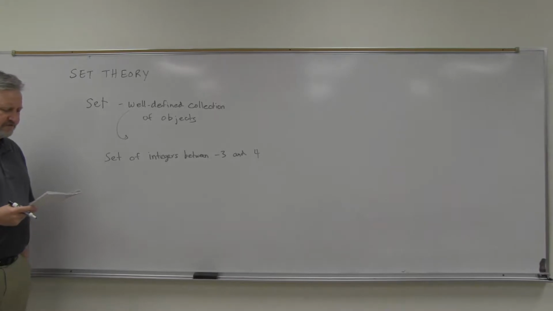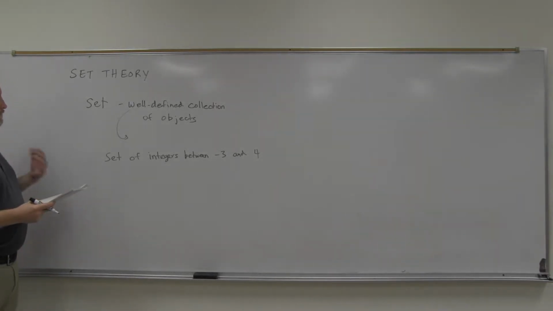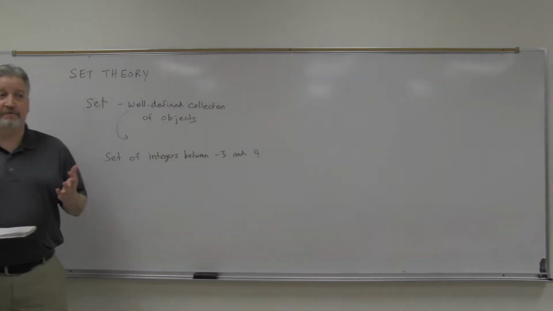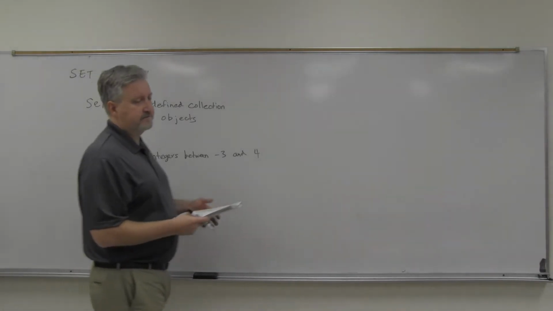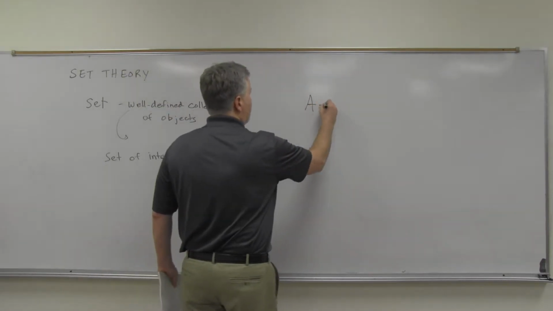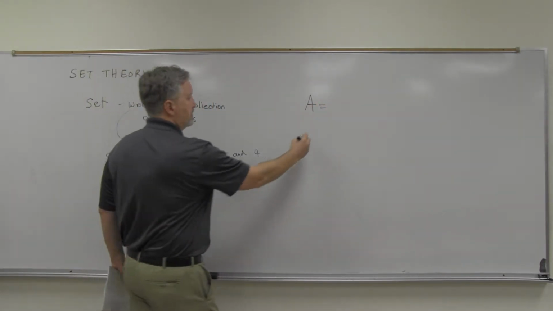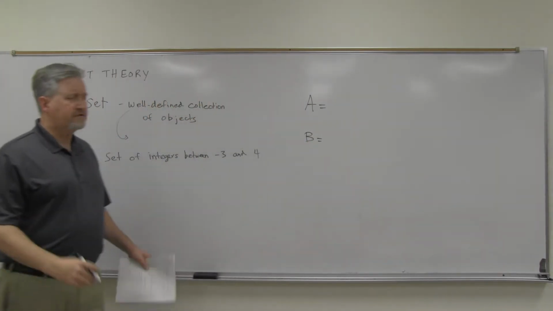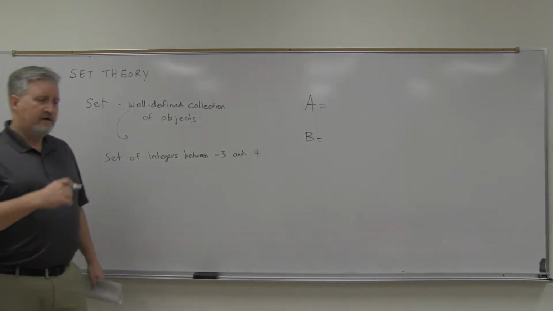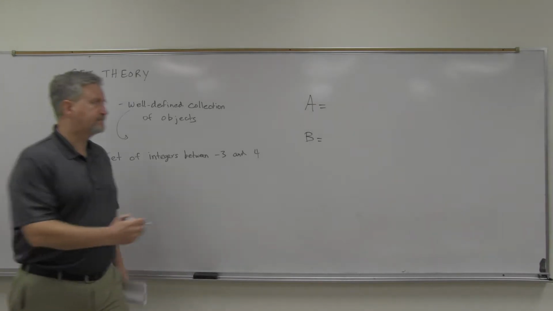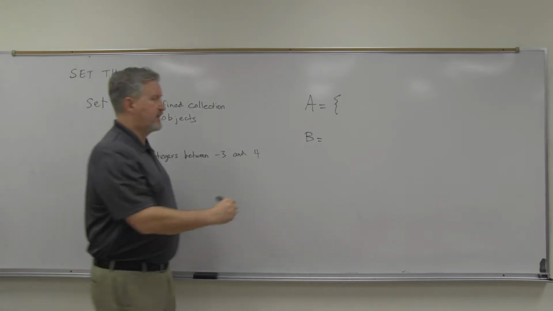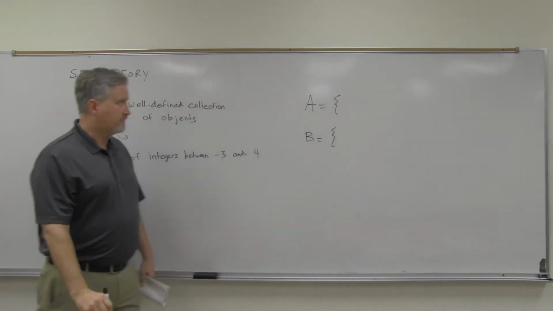Now, as far as notation goes, what we use for sets name-wise is we give them uppercase letter names. So set A, set B, those are good names for sets. Then if we use a listing method, for grouping symbols we use the little squiggly braces.